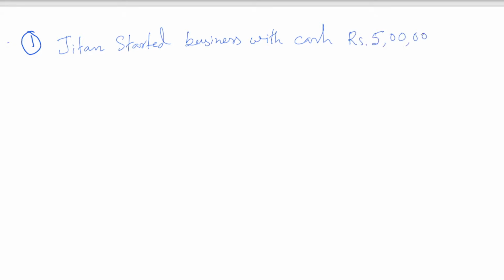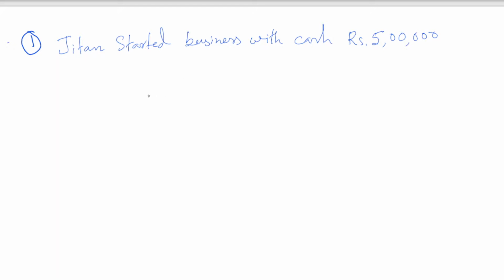So for example, Jiten started business with cash rupees 5 lakhs. Okay. So this is the first journal entry. Say for example, this is the first.